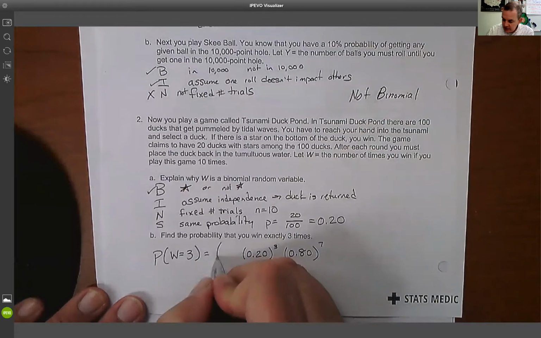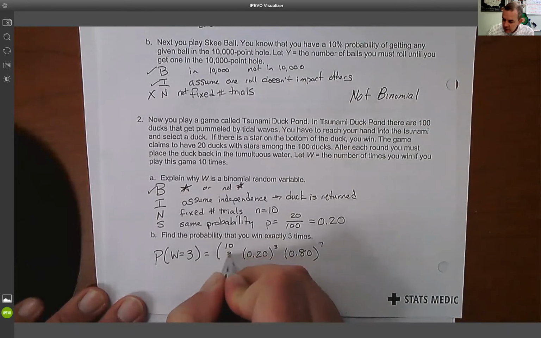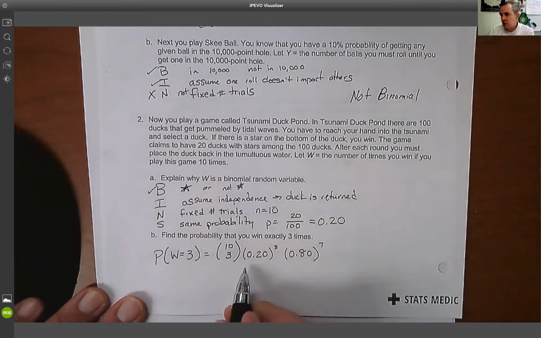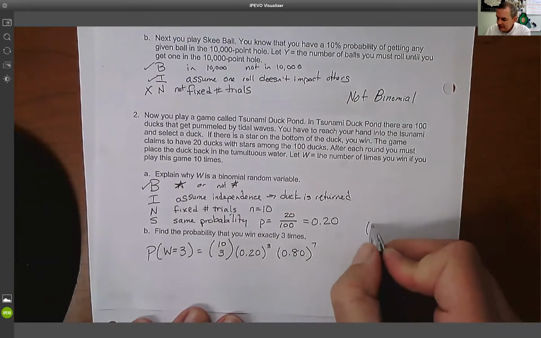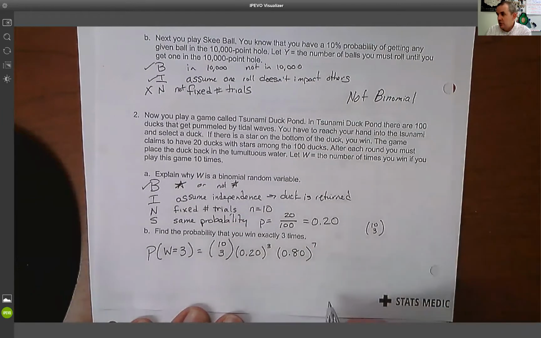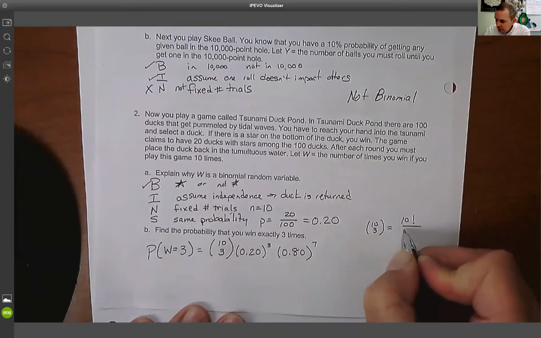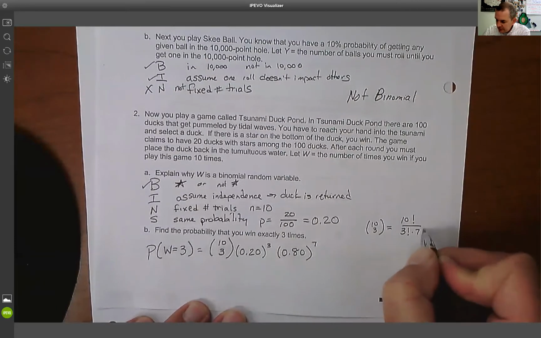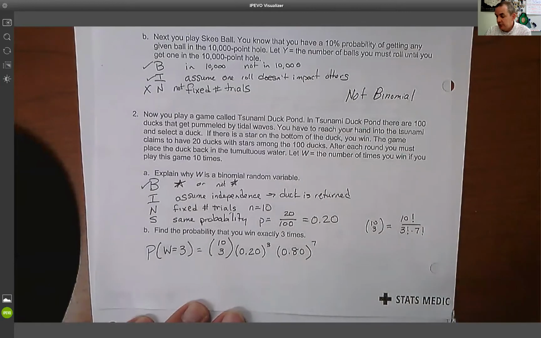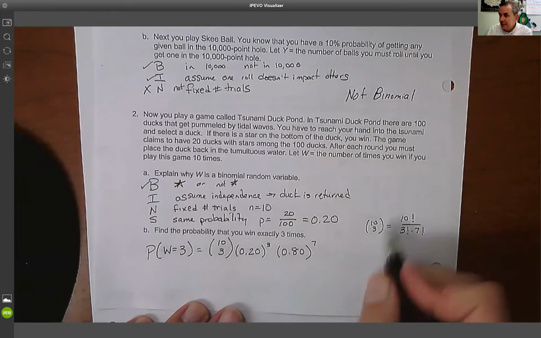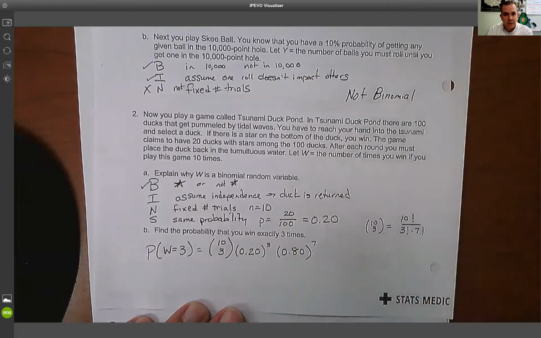And what we use is this counter here. It's 10 choose 3. And what we talked about in class is this. What that 10 choose 3 means is it's 10 factorial over 3 factorial times 7 factorial. Now your calculator is going to do most of the heavy lifting here, but this is what this binomial number, this count that we use is.